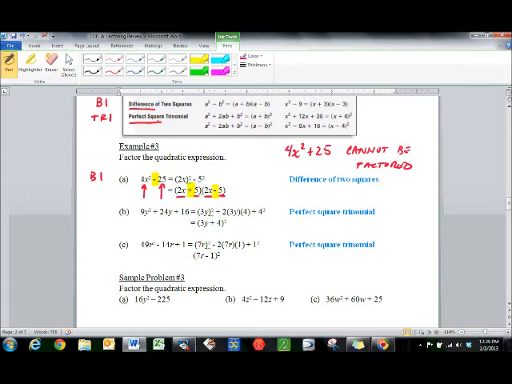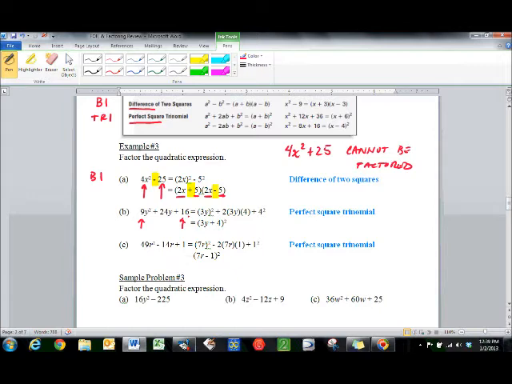So if we look at this, we're going to look at 9y squared and we're going to look at 16. Now 9y squared can break up into 3y and 3y, and 16 can break up into 4 and 4.